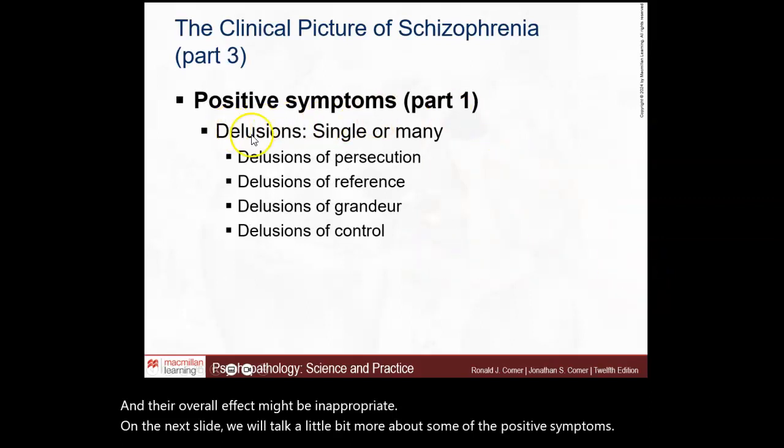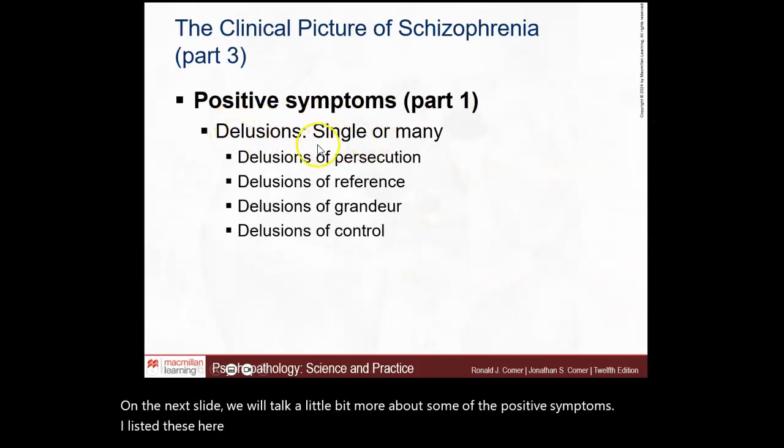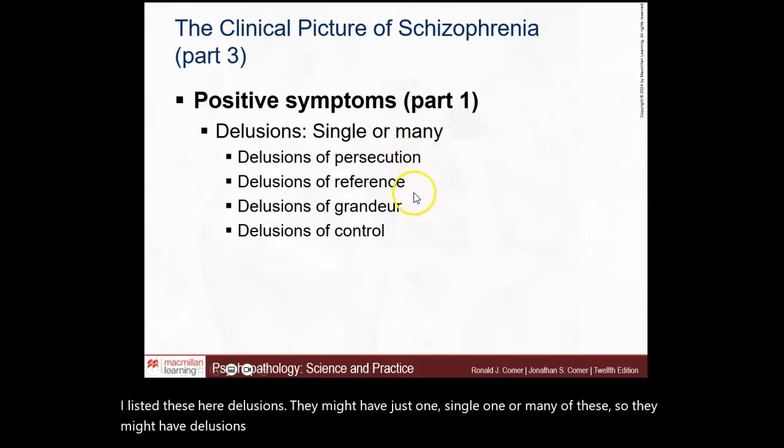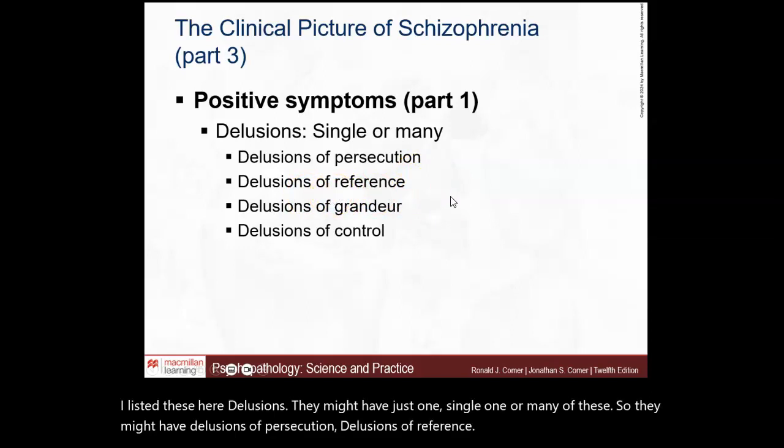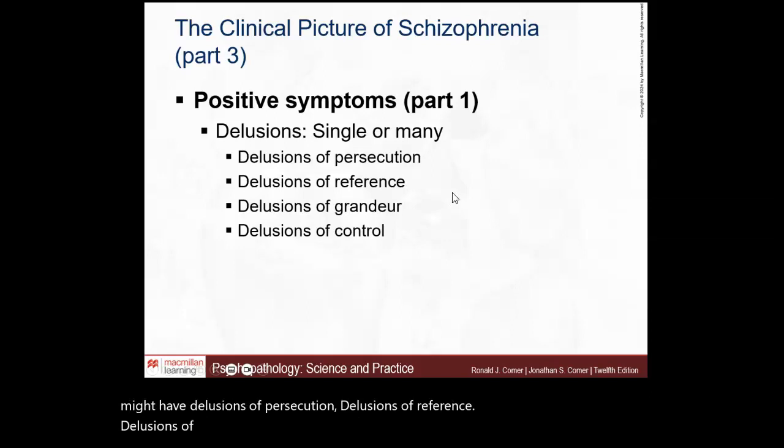I listed these here: delusions. They might have just one, single one, or many of these. So they might have delusions of persecution, delusions of reference, delusions of grandeur, and delusions of control.